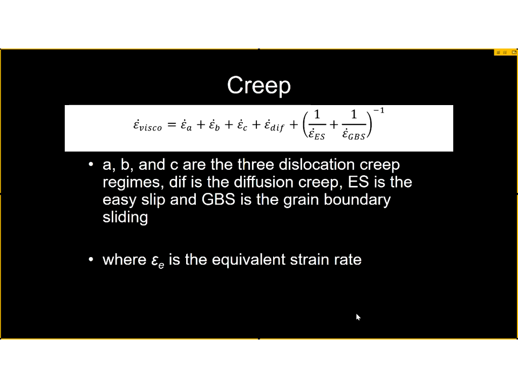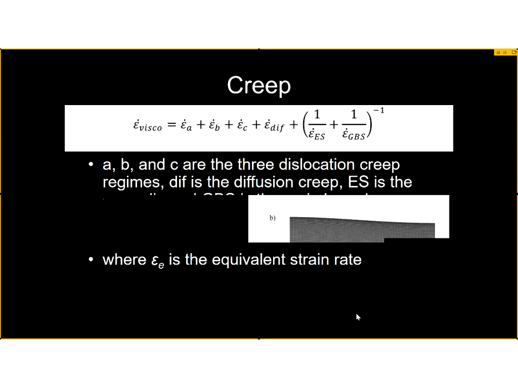And then at depth, once you reach this brittle-ductile transition, there are several different creep regimes which take over, which respond differently, some are rate limiting, like easy slip or grain boundary sliding. And then there's differential creep. If you have questions about this, I can answer them here or another time, but this is the relationship that drives the deformation. And then this total will describe the strain rate.